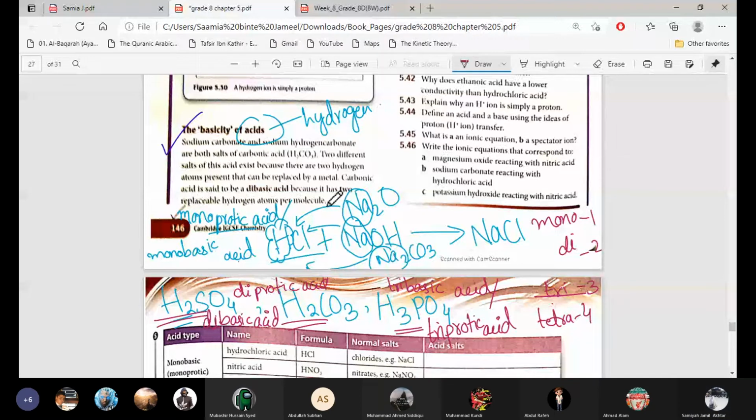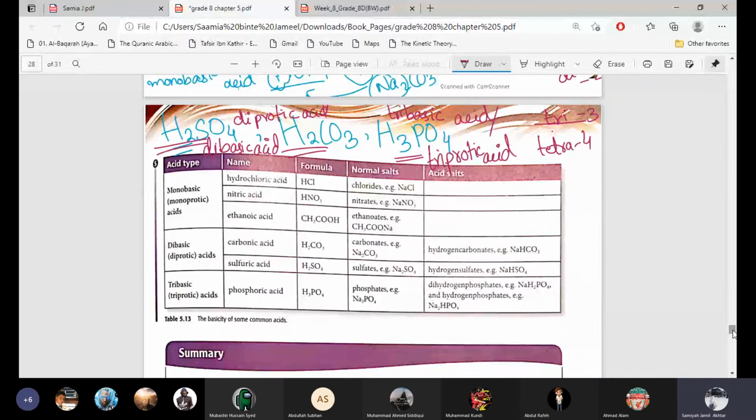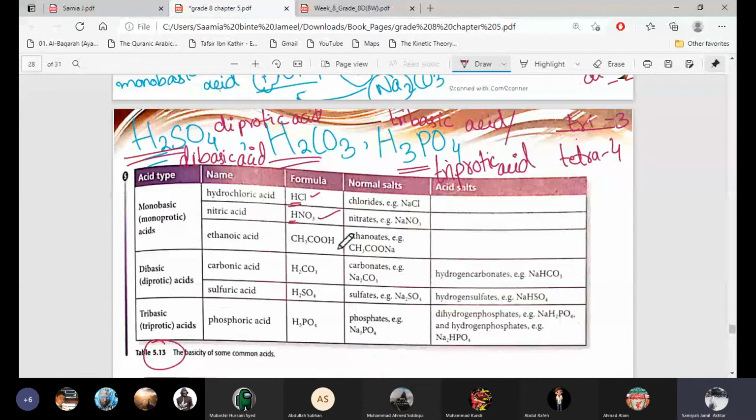Here in table 5.13, hydrochloric acid has one hydrogen which can be replaced. HNO3, nitric acid, only one hydrogen. In ethanoic acid also one hydrogen can be replaced, although there are 4 hydrogens present. Ethanoic acid is a weak acid, and I told you that weak acids are organic in nature. They are organic acids and they have big formulas.